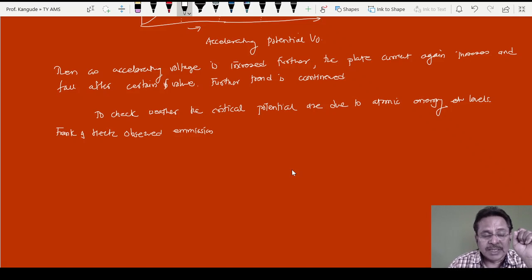That's how they supported this theory of atomic excitation and de-excitation, and strongly supported the concept of stationary orbits. So Frank and Hertz observed emission spectra of various vapors.